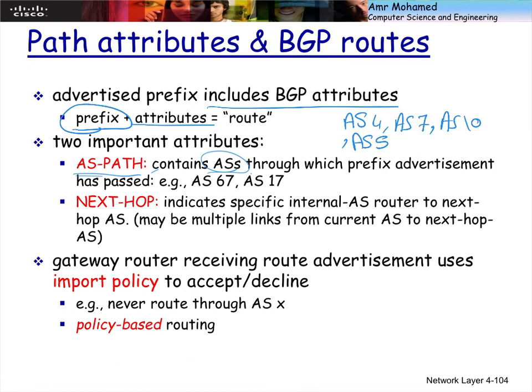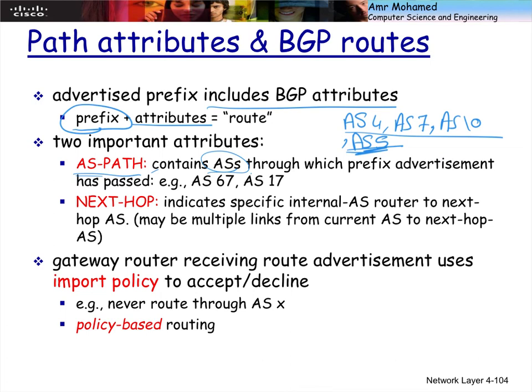And of course the next hop. What is the next hop? If I want to reach that autonomous system, I have to go through this next hop. So based on that path, why do I have to store the entire path? Because if an autonomous system wants to send to a specific destination through this whole path, it may have to check the policies that it has with every single one of them.